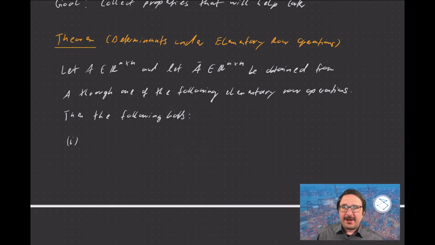First, let's say A bar is obtained from A through the addition of a multiple of one row to some other row. So this is basically the most important elementary operation that we use in Gaussian elimination processes. And the result of the theorem is that this operation does not change the determinant at all. So we are free to add multiples of one row to some other without doing anything to the determinant.